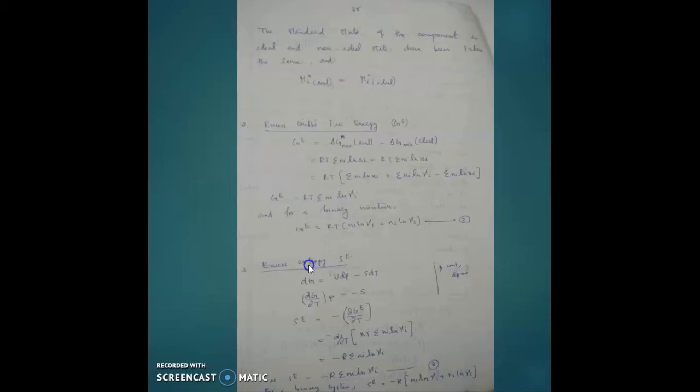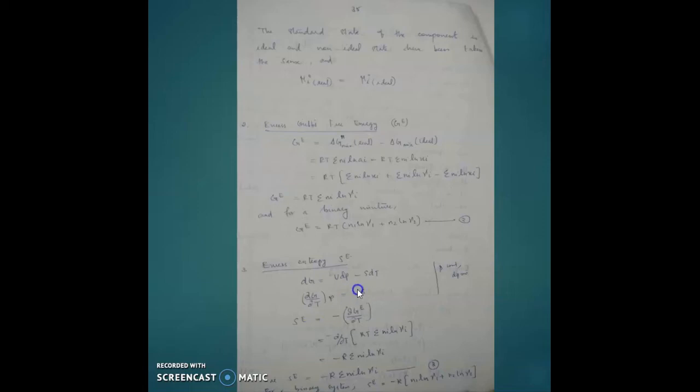Now let us see how to find out excess entropy. Excess entropy can be represented as S with a superscript E, right? S^E. And we know dG is equal to VdP minus SdT. When pressure is constant, dP is 0. So dou G by dou T at constant pressure will be equal to minus S. We did that to get the expression for entropy, right?